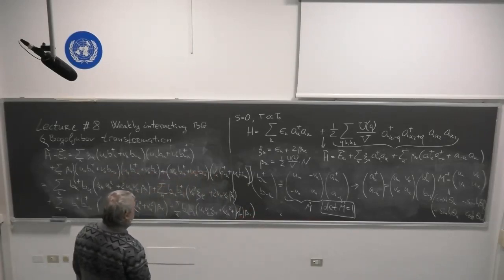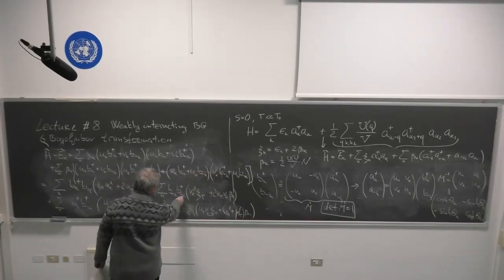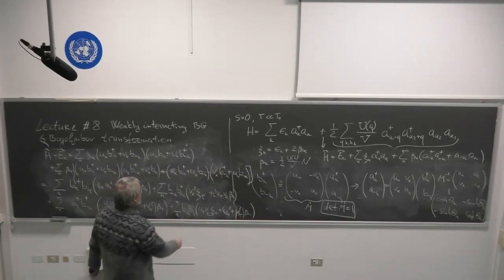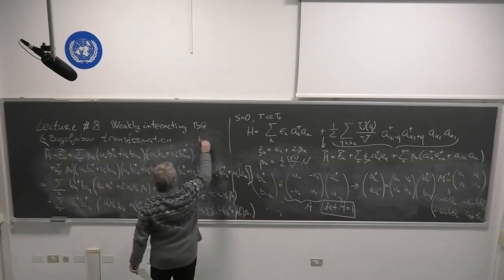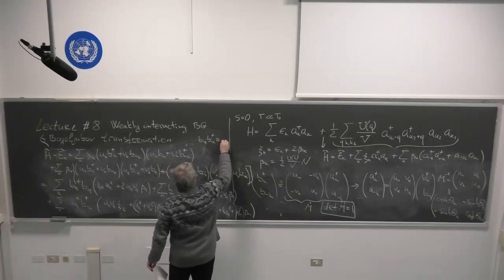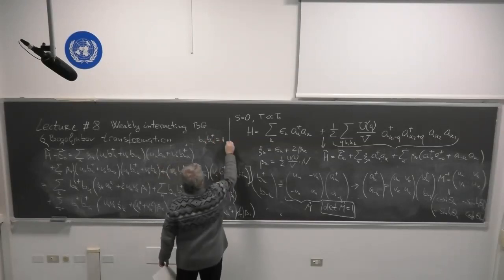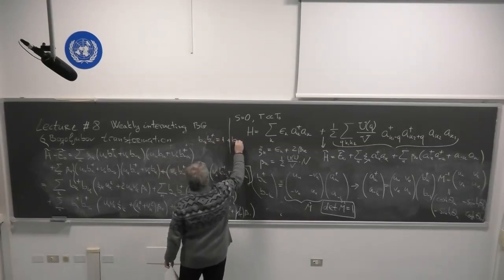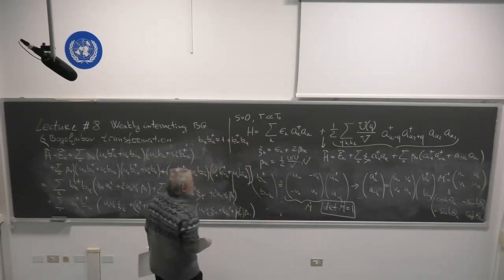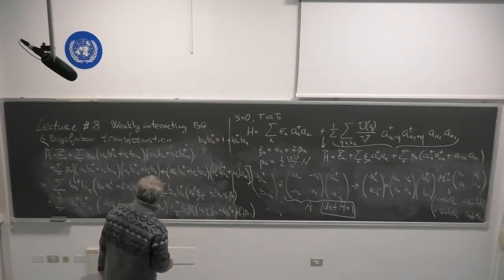What remains is to re-express B minus K dagger B minus K in terms of BK dagger BK. So B minus K B minus K dagger is equal to 1 plus B minus K dagger B minus K from commutation relations.